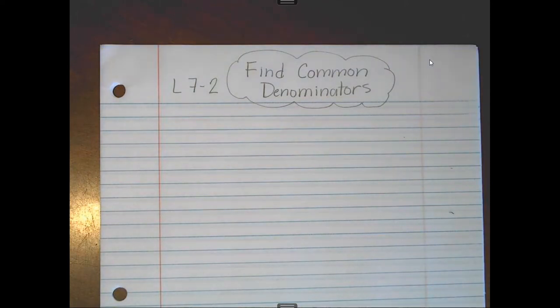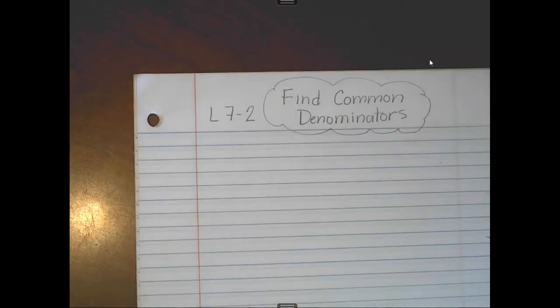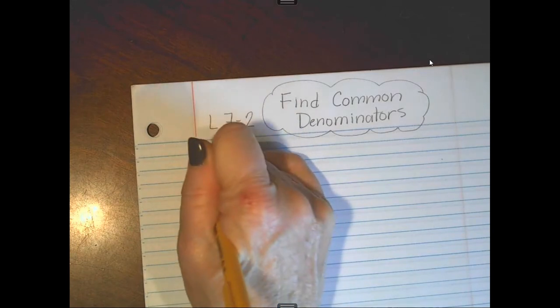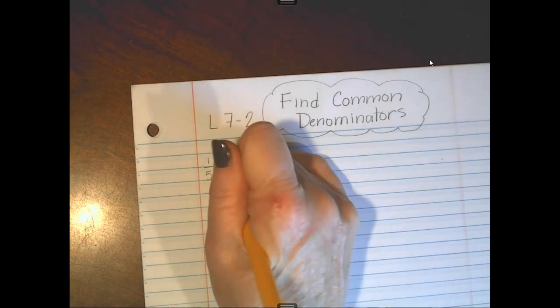So last year, you boys and girls learned about fractions that had the same denominator, and we call those fractions like fractions. One of the things you might have had as a problem was adding 1/5 to 3/5.